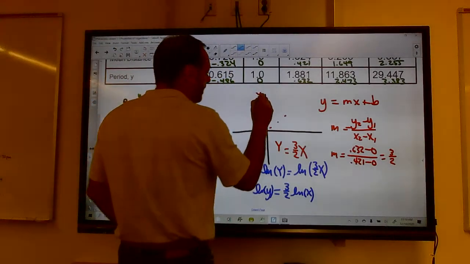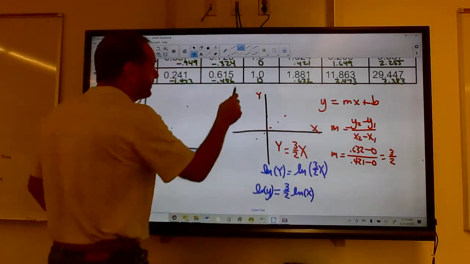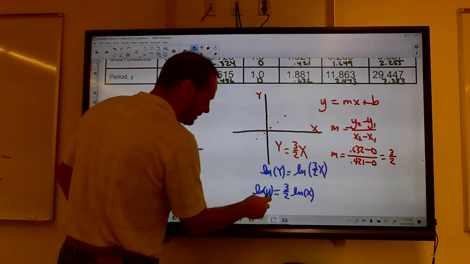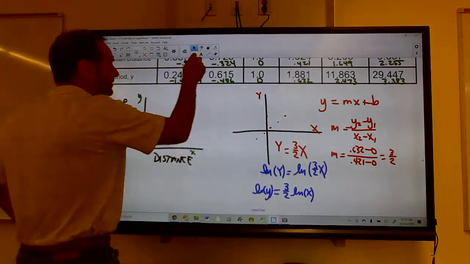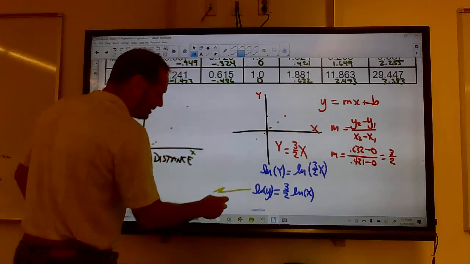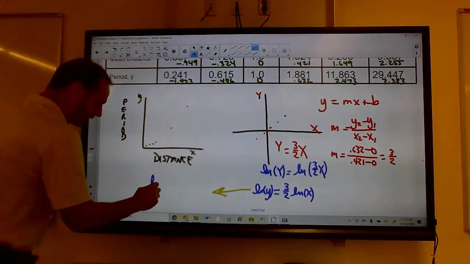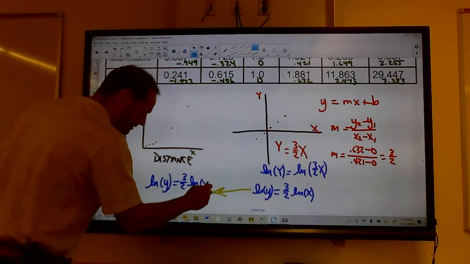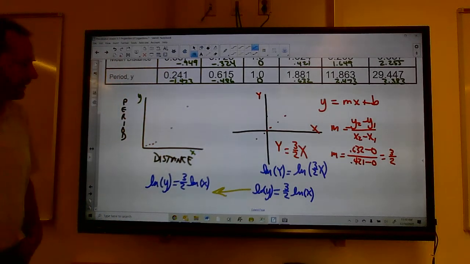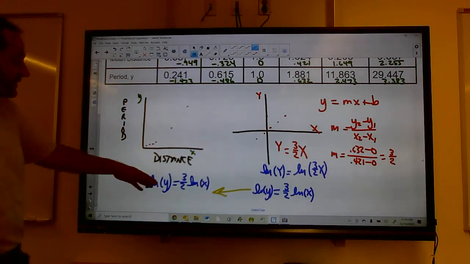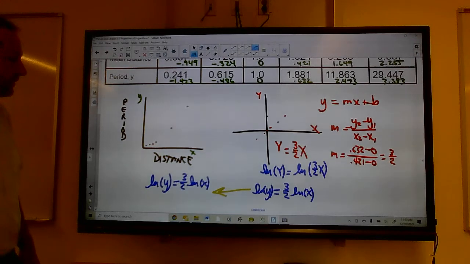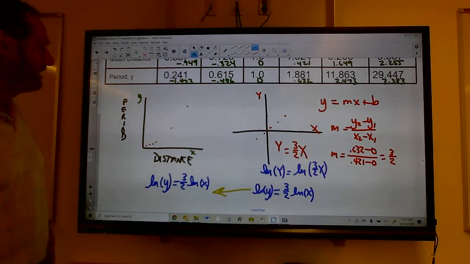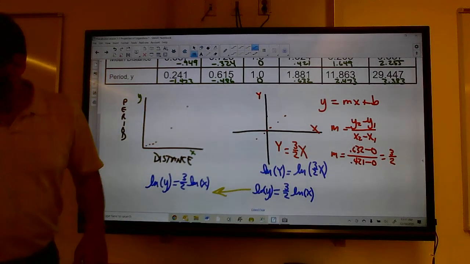This is big Y and big X. So this is actually the equation here that goes with this stuff here. And occasionally in scientific endeavors, by taking the logs, you find patterns that you wouldn't have found by not doing that.